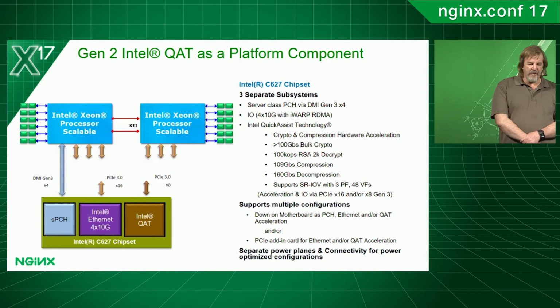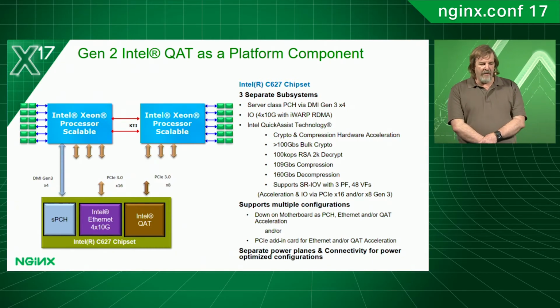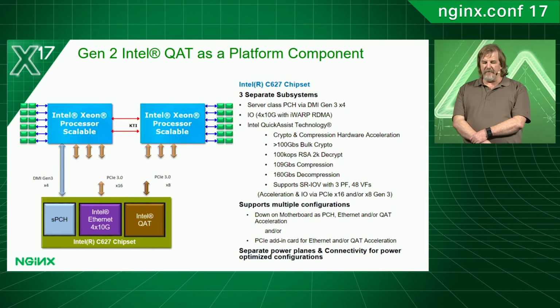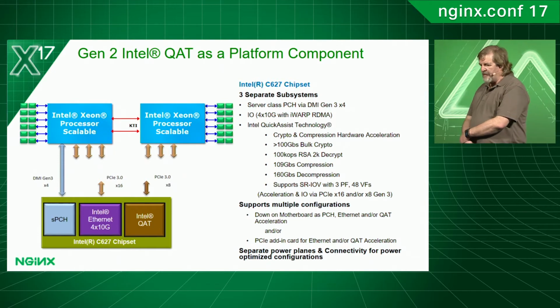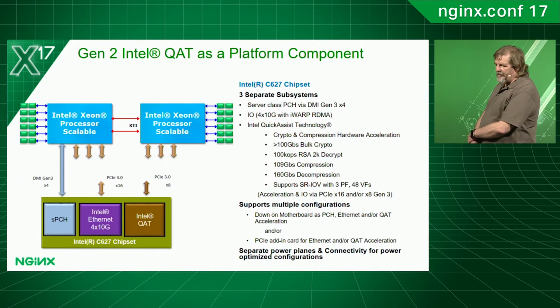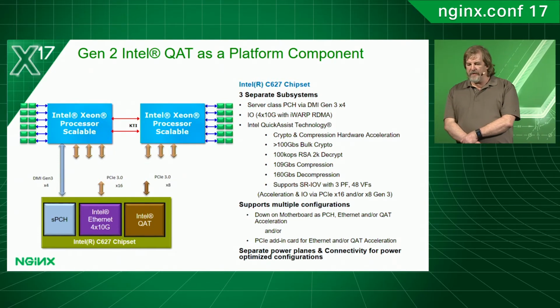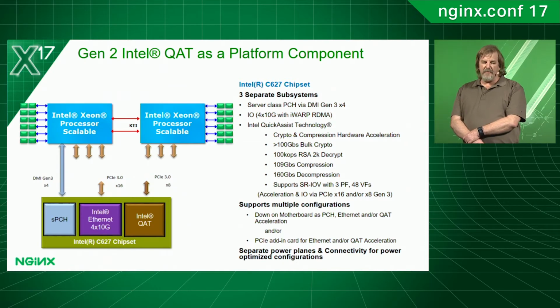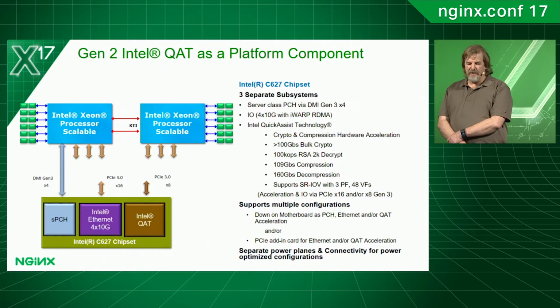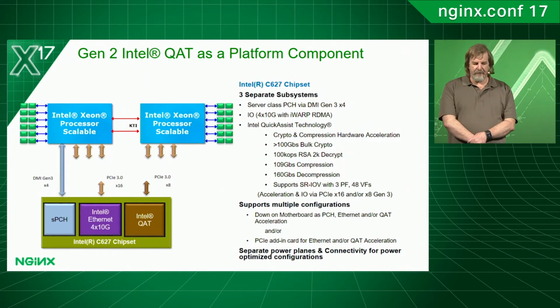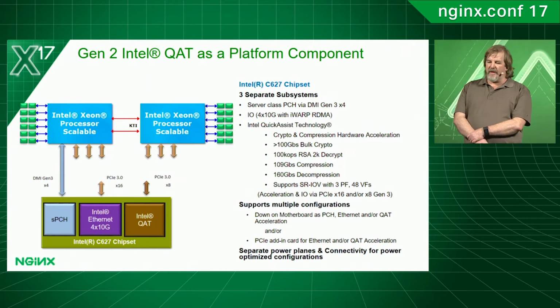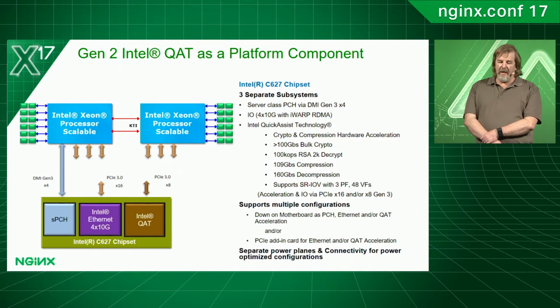It supports compression, and it comes in a bunch of different flavors. It's connected to the Intel processors via regular DMI link, and they are enumerated as PCI Express devices, which exist in the PCH. These are available both as PCHs on the motherboard and as plug-in cards.